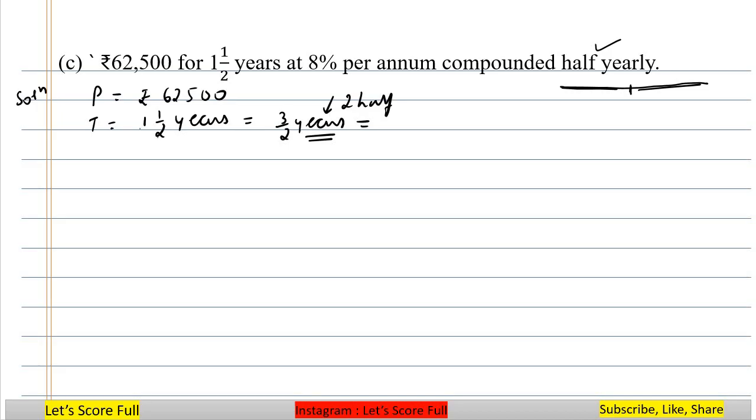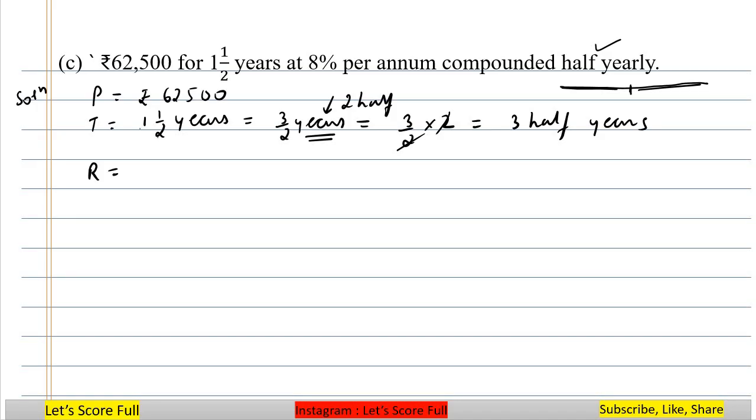So if in 1 year 2 half years are there, multiply by 2, that gives 3 half years. Correct? So my time period is actually 3. Time period was 1.5 years, but compounding half yearly means I need to convert that into half years.